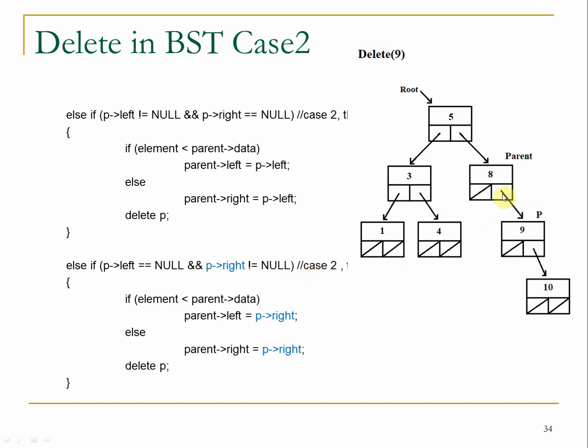When that is happening, because P is the right child of the parent, we want to make parent to the right equal to P to the right child. So you will have formed a link pointing to the address of the element 10. That is what's happening in the case 2 scenario for the deletion.